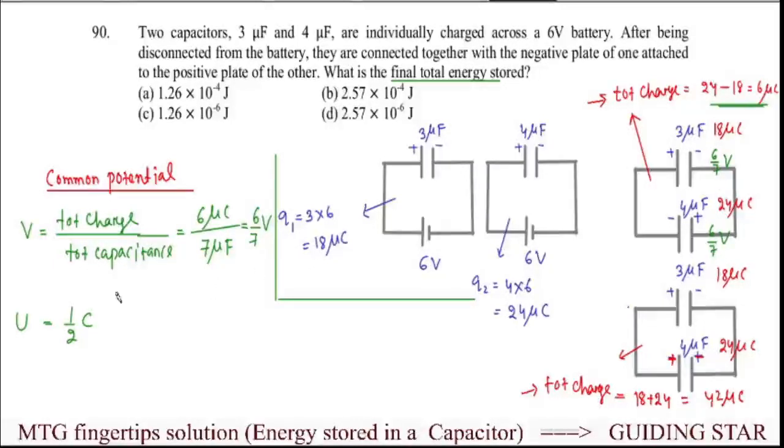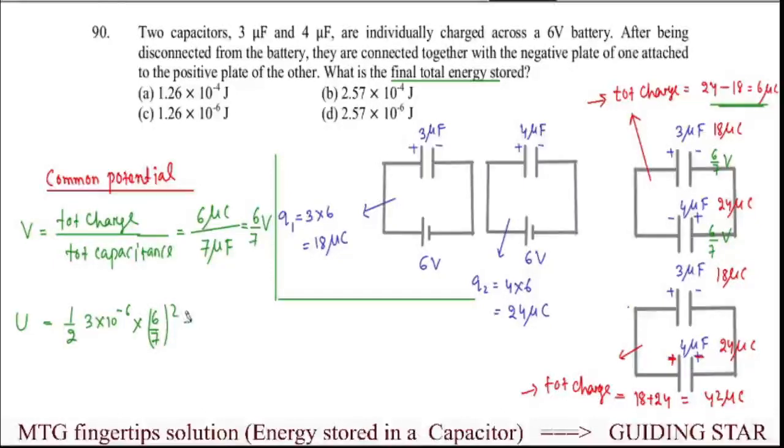So the final total energy can be written as, for the upper capacitor, half into 3 into 10 to the power minus 6 farad into the potential difference, 6 by 7, whole square.